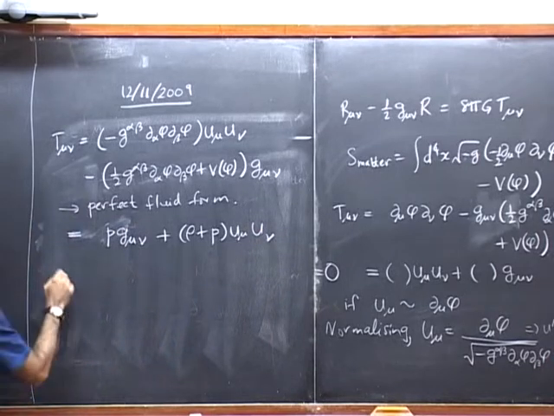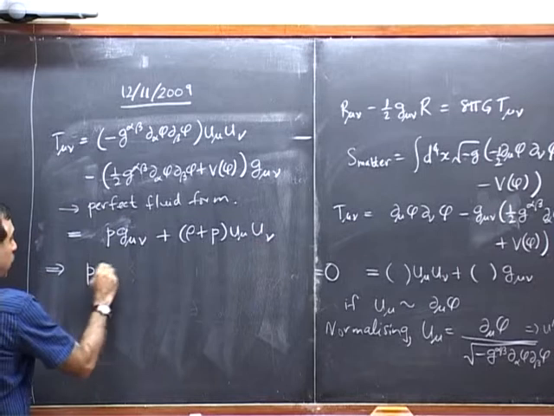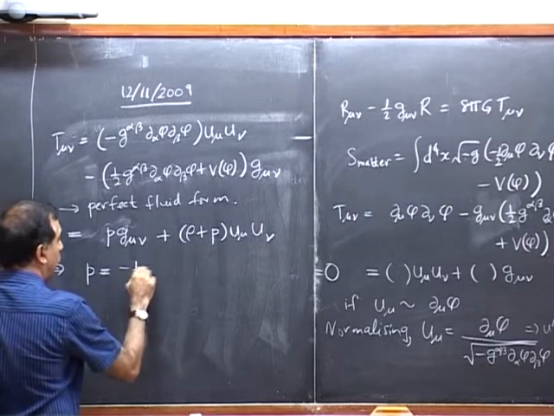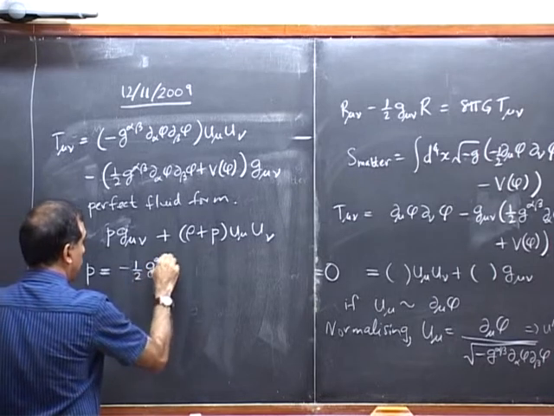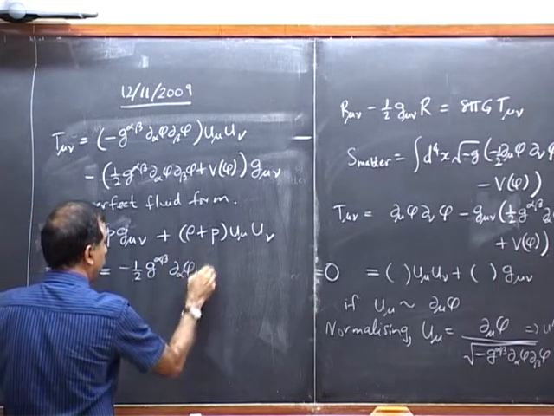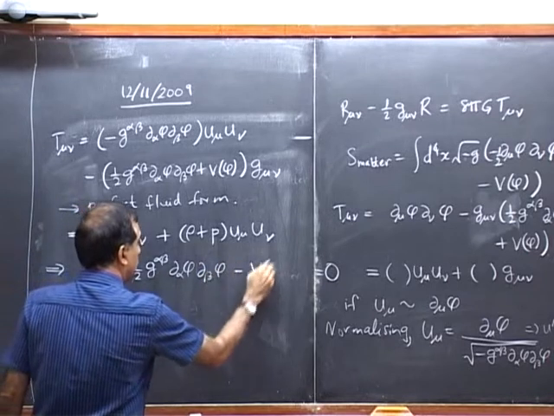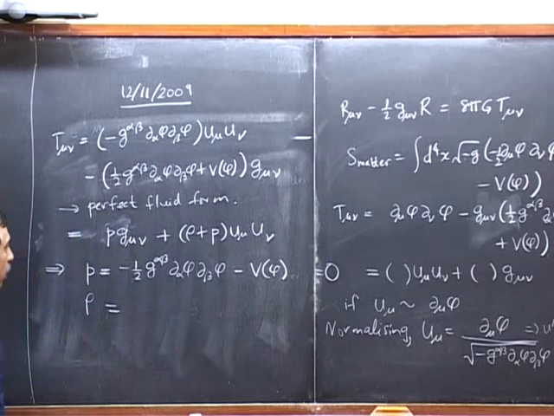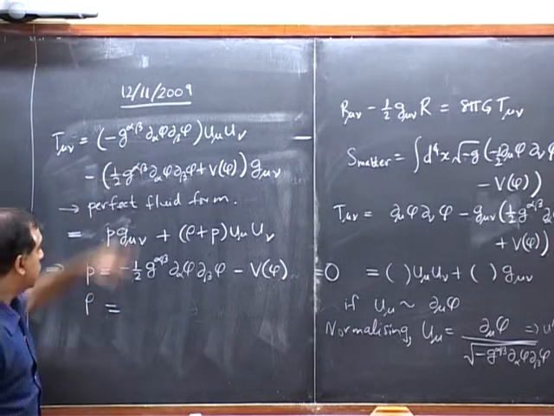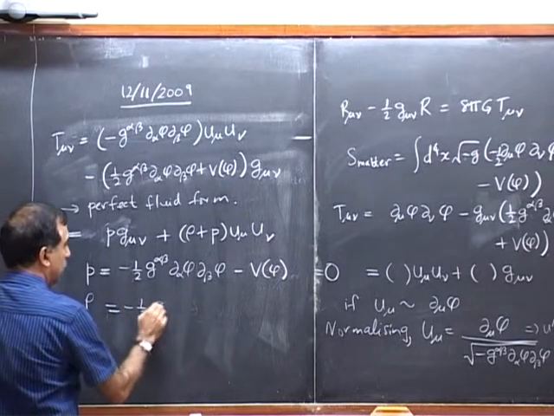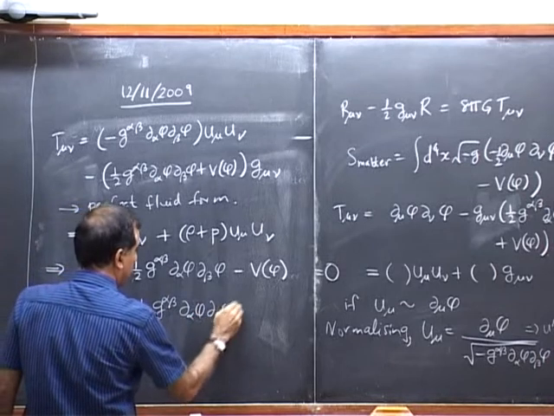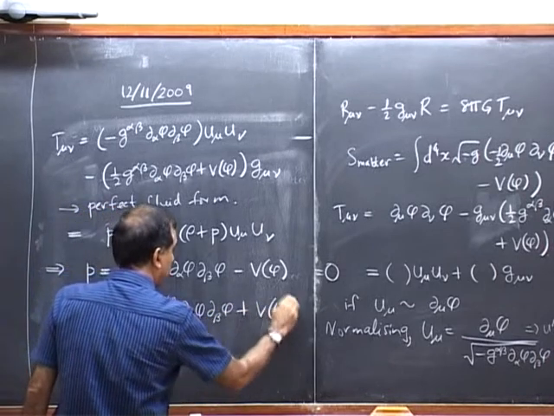And therefore from this we read off that P is equal to minus a half g alpha beta del alpha phi del beta phi minus V of phi, and rho is whatever it is such that when I add it to P, then I get this. So it is minus a half g alpha beta del alpha phi del beta phi plus V of phi.